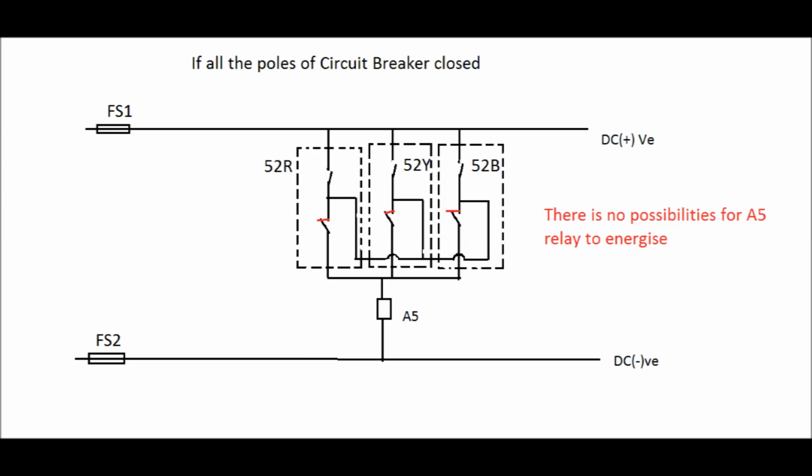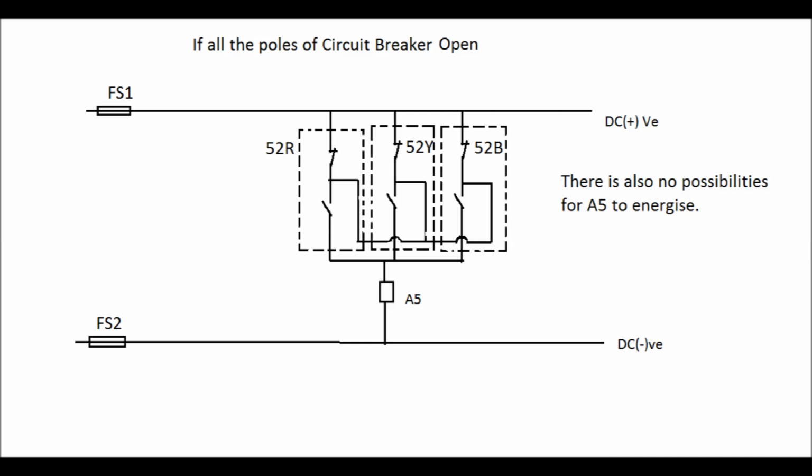Now under normal condition, that is when all the circuit breaker poles are closed, in the diagram shown in this figure, there is no possibility for the A5 relay to energize. Again, if all the poles of the circuit breaker are open, there is also no possibility for the A5 or PD relay to energize.